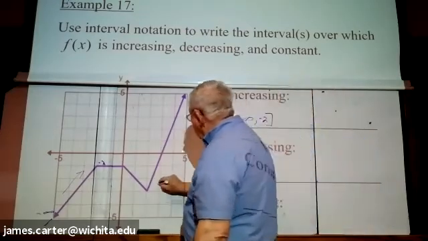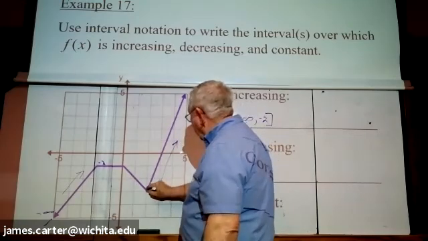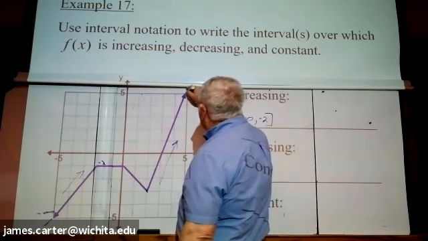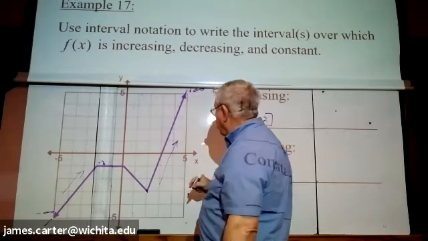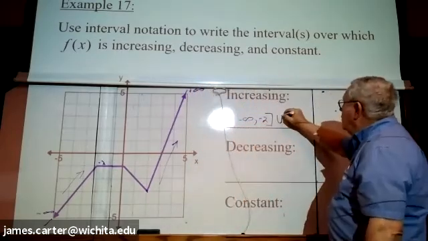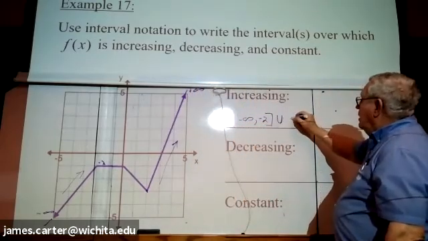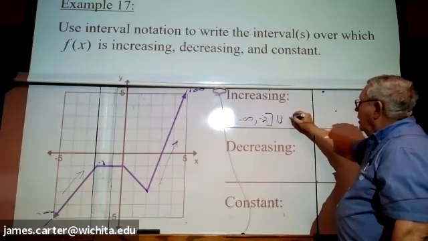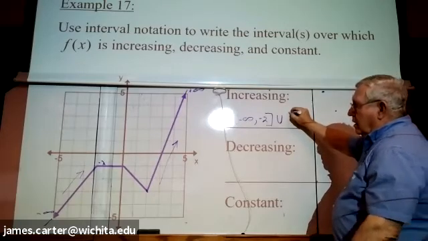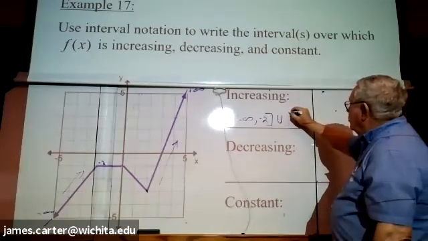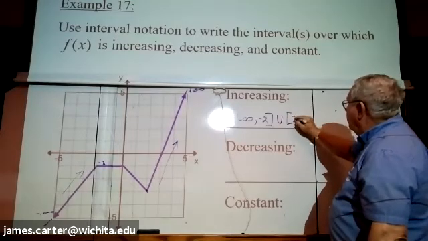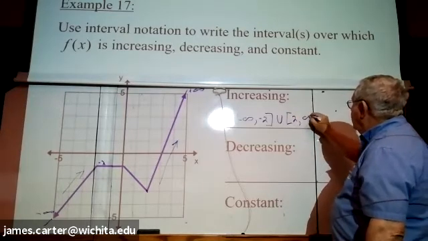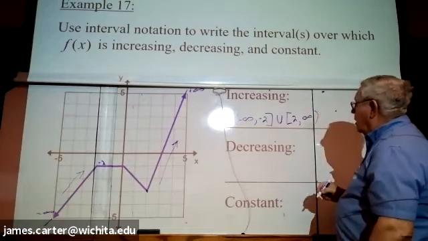But this is also increasing from here, included, to positive infinity. So we have to union that to 2 included to positive infinity, not included.